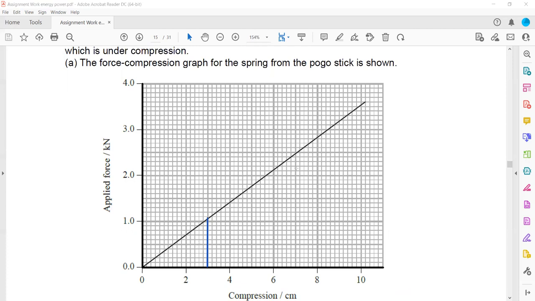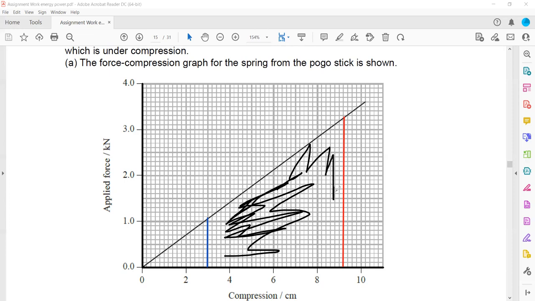So already the spring is compressed 3 centimeter. When the child pushes the spring, it further compresses 6 centimeters. So the total spring is compressed to 9 centimeter. Now we want to calculate the work done by the child. So the work done by the child is this part. So we have to calculate the area of this part.